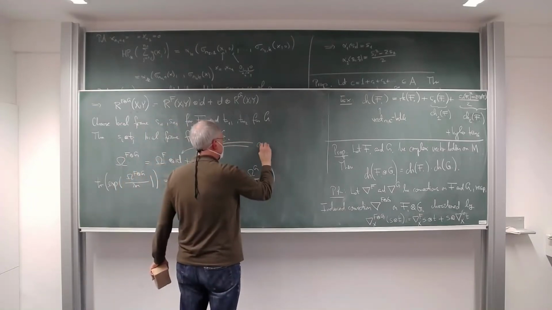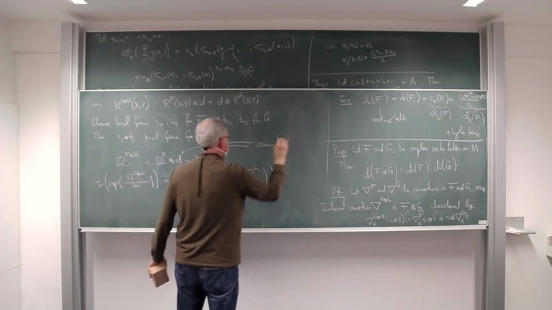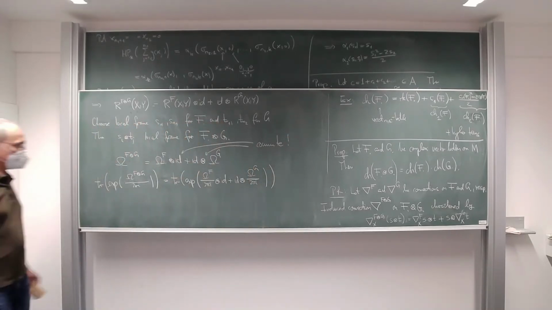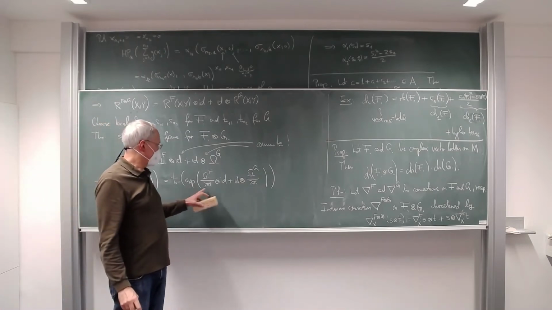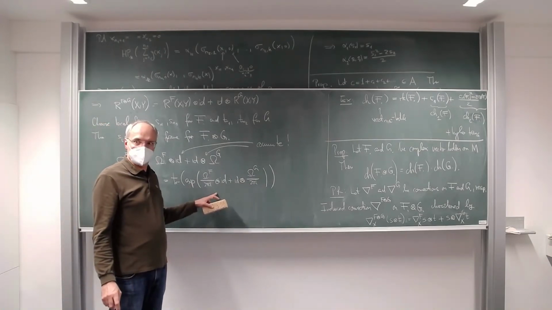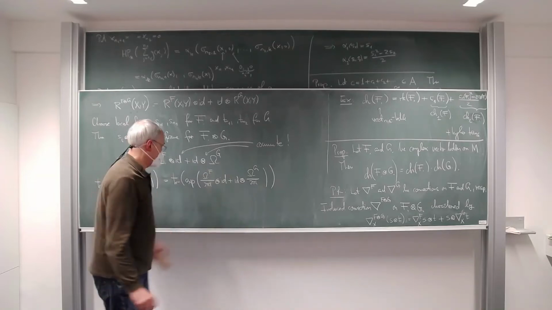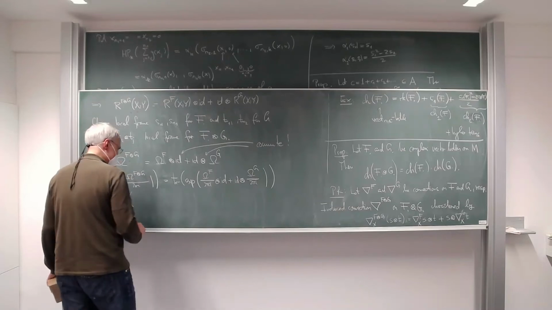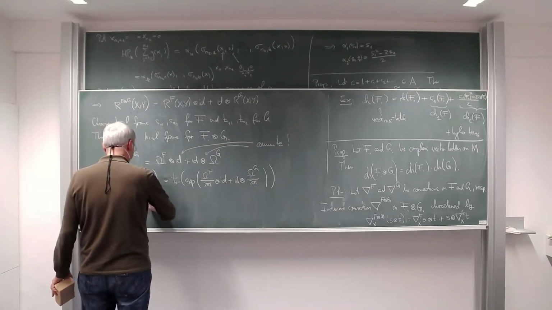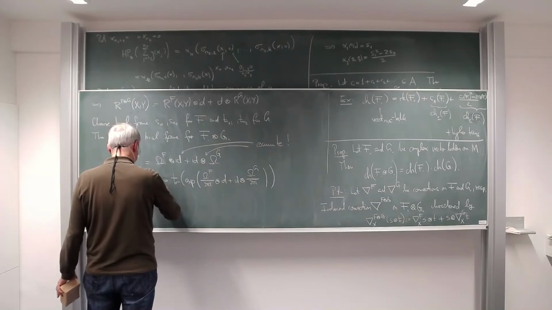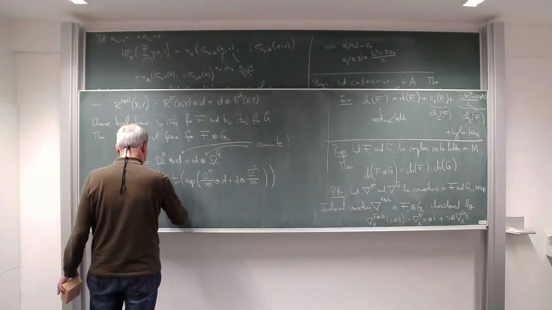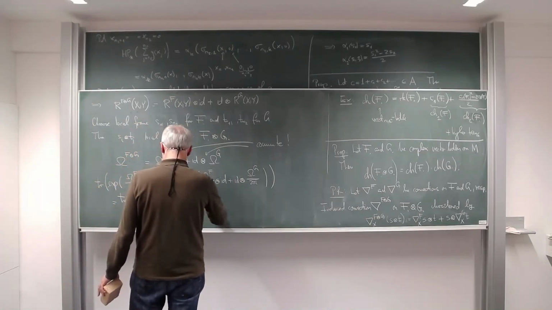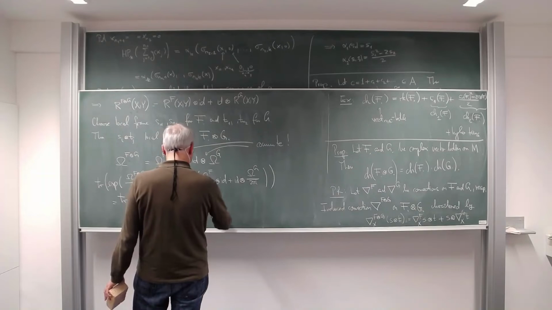And then if you have two commuting matrices and you apply them in the exponential series, then this exponential law applies. So that means this is the same thing as the exponential of the first term times the exponential of the second term.